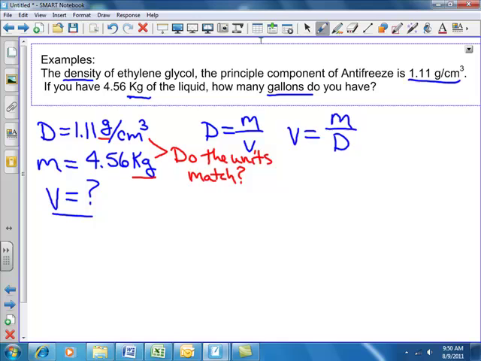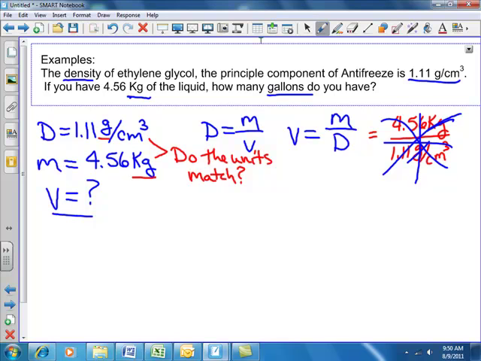The wrong thing to do would be to say right away, I can take 4.56 kilograms and divide that by 1.11 grams per centimeter cubed. I cannot do that because kilograms and grams don't cancel. This is the absolute wrong thing to do.